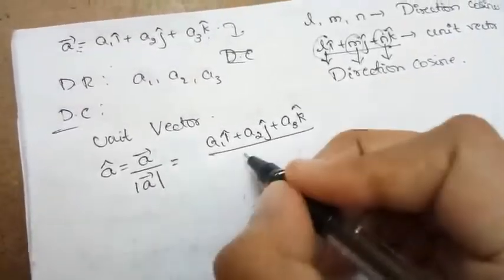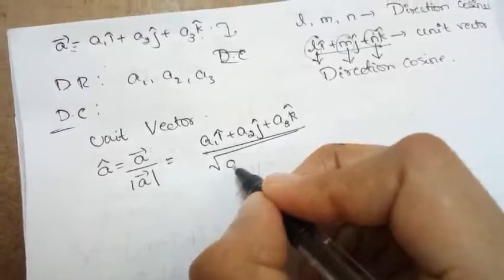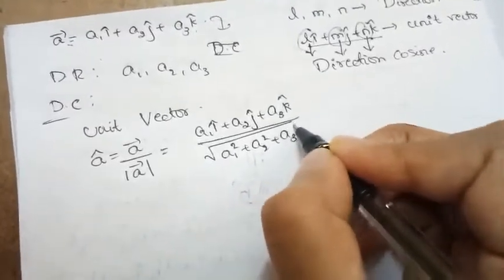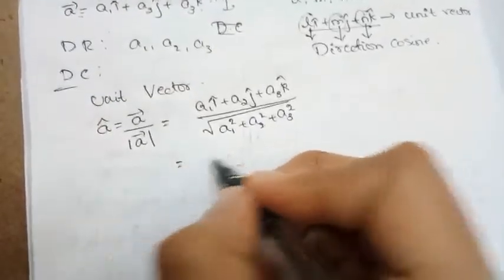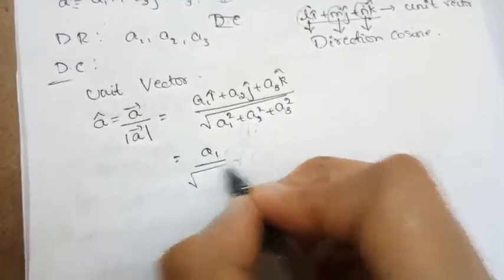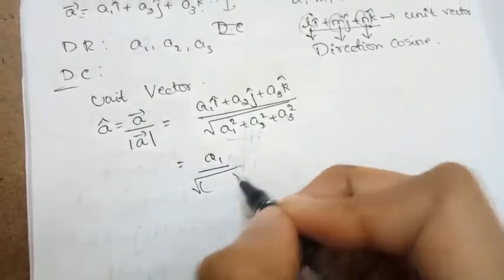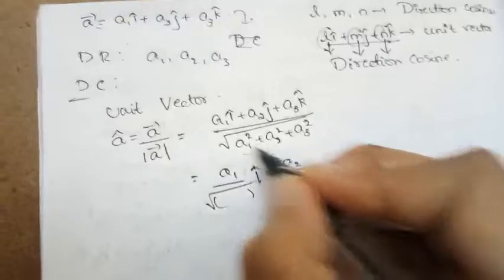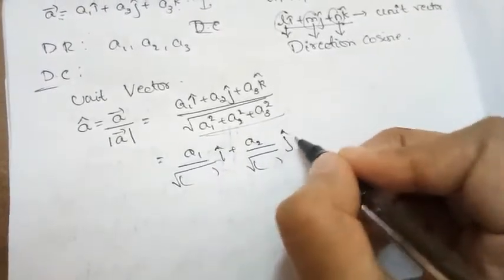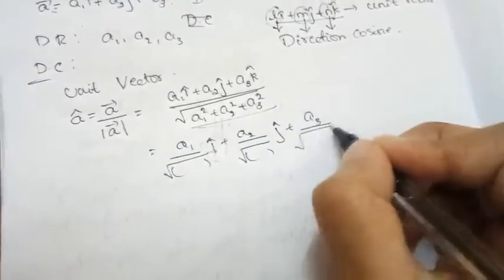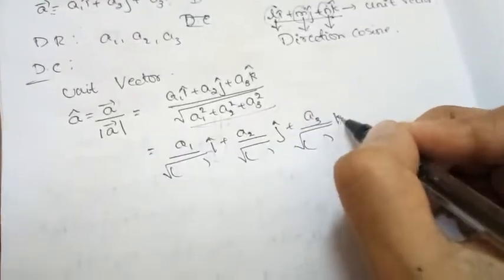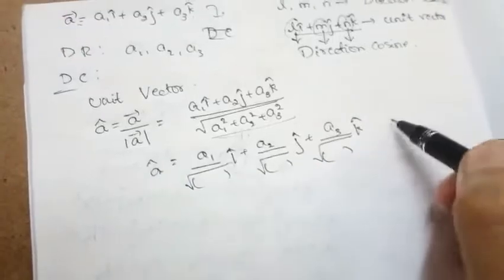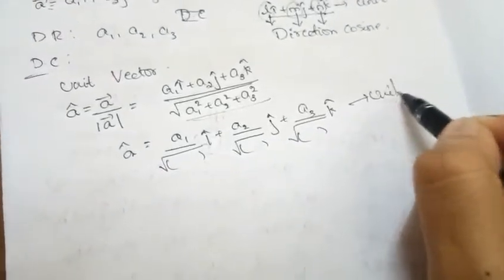The magnitude of vector A is the square root of a1 square plus a2 square plus a3 square. So we write a1 divided by the square root of all these things i cap, plus a2 over the square root of all these things j cap, plus a3 over the square root of all these things k cap. Now this is our unit vector.